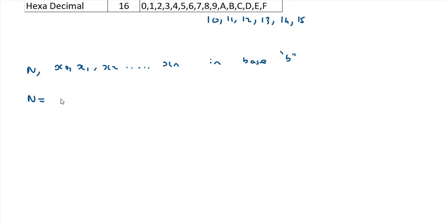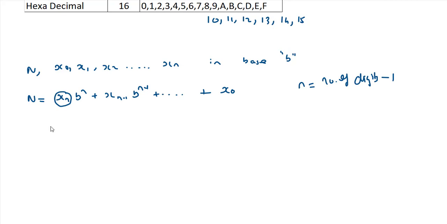The number N can be written as xn into b raised to n plus x(n-1) into b raised to n minus 1, where xn represents the nth digit in the number, and so on up till the last digit x0. So the value of n in this expression is 1 less than the number of digits.